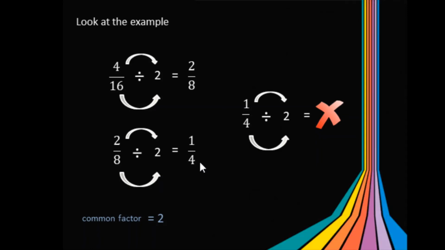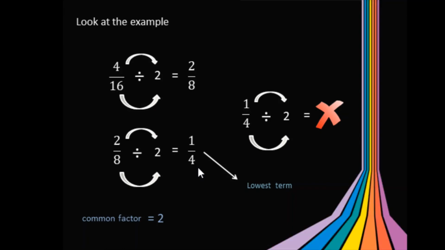So 1/4 is already our lowest term. So we stop at 1/4. So the simplified term is 1/4. Do you understand? Okay, let's move on to another example.